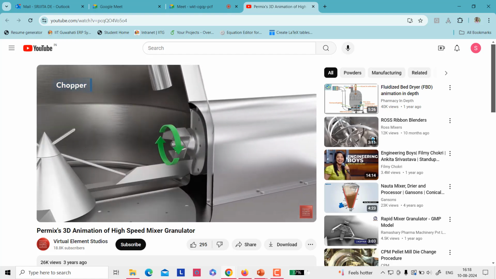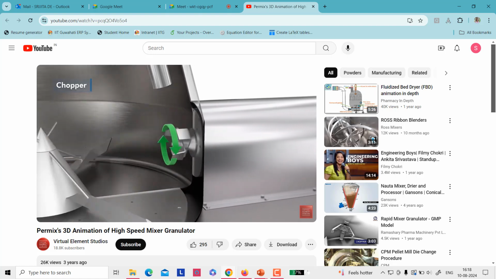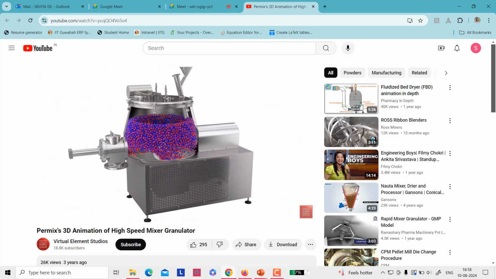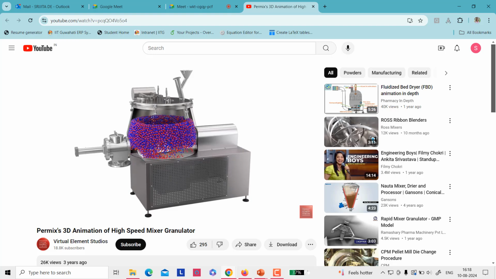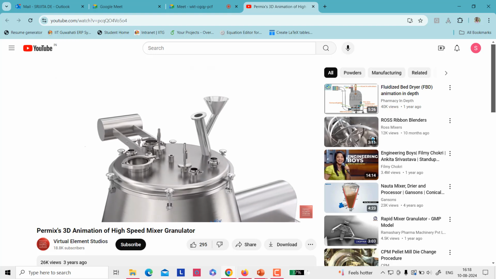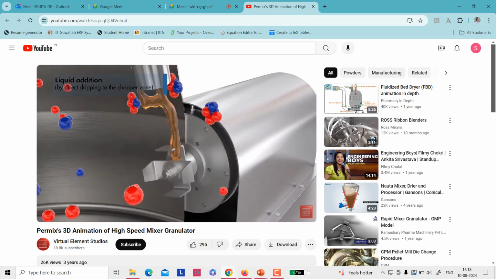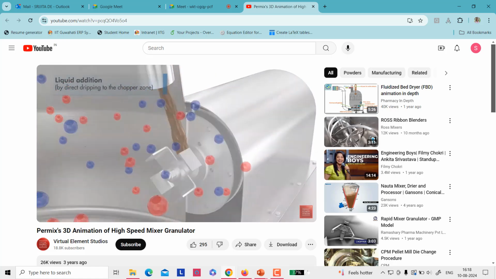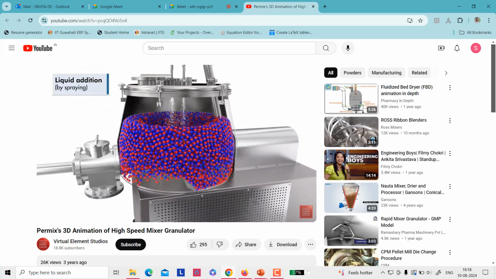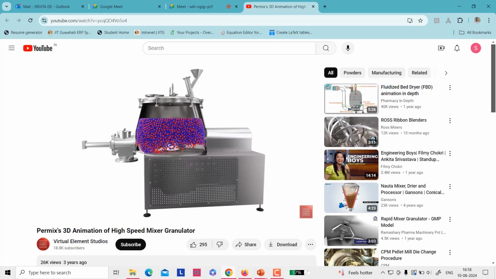And there is also a rotor and chopper. Now we are adding a liquid, by spraying. Either way you can add the liquid in the mixer granulator.